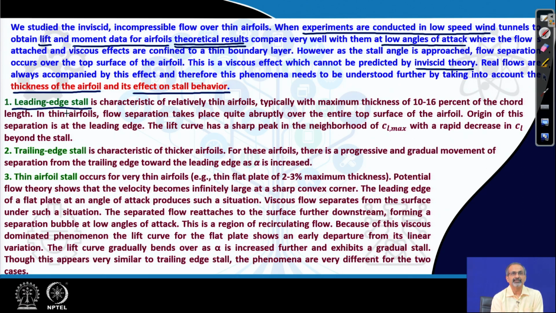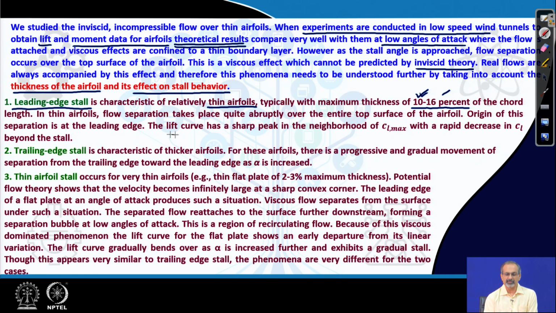We will broadly look at 3 different types of stalls. The first one is called leading edge stall, and it is seen in thin airfoils, where maximum thickness is typically up to say 16% or so. You could have airfoils thinner than 10% max thickness, but the upper limit is around 16%.